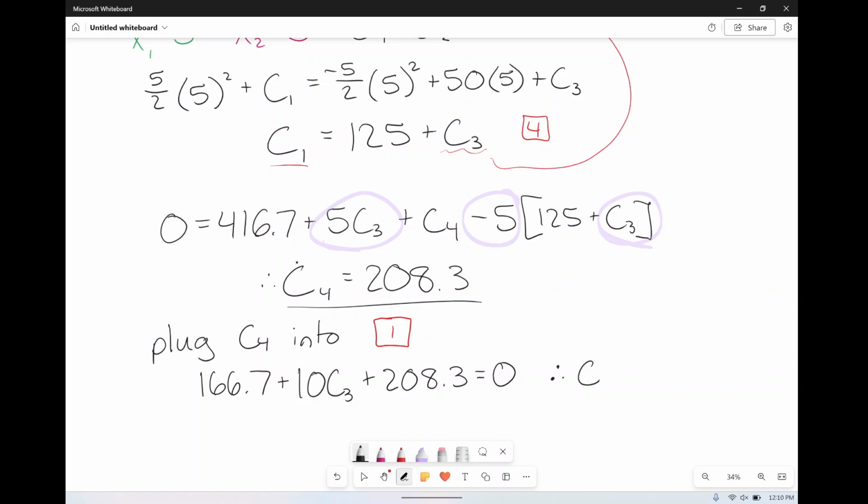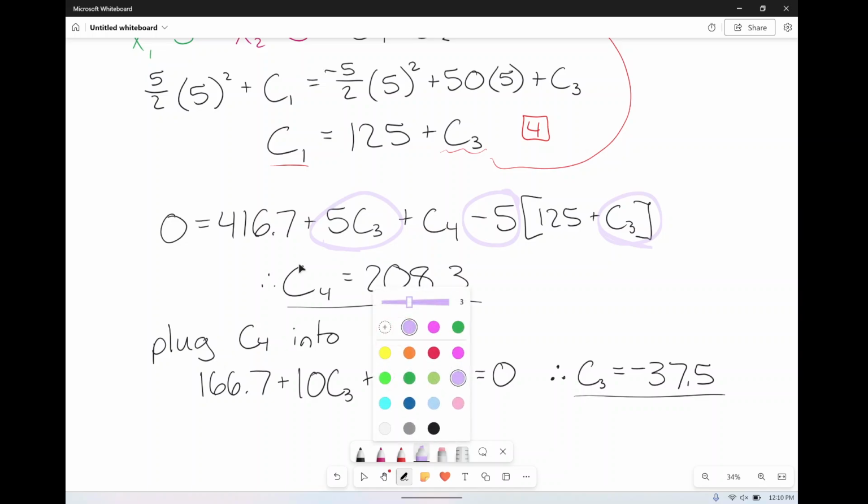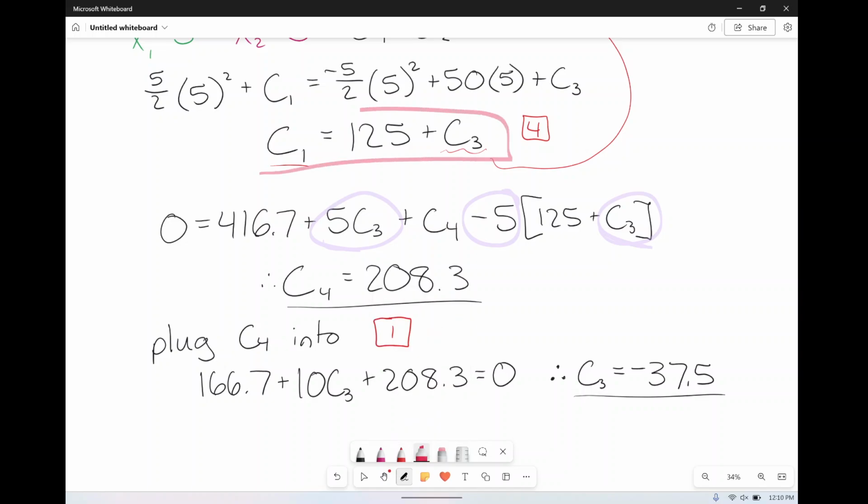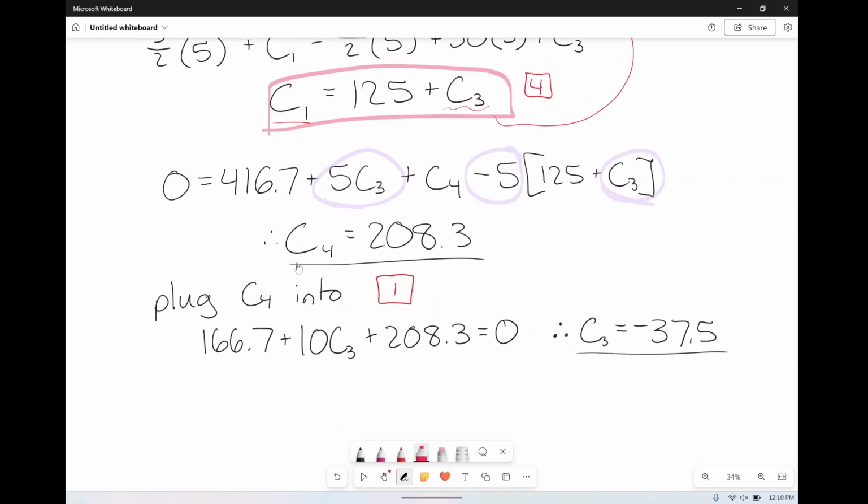So here we go. I already have C4, so C3 is equal to minus 37.5. Okay, cool. And then, if I plug in C3 here, I'm going to get C1.